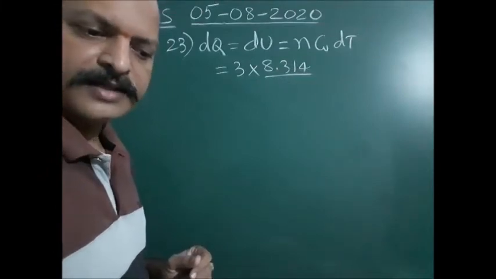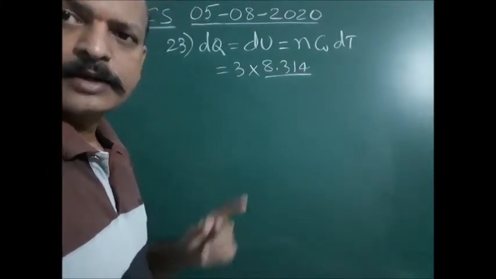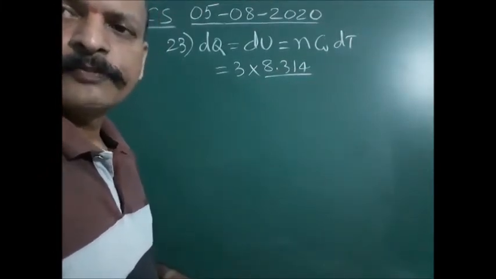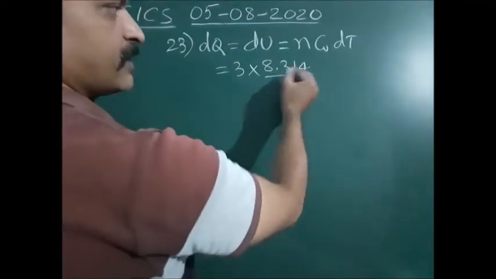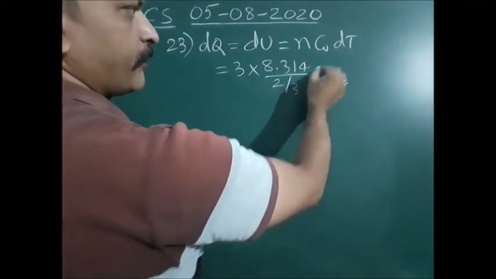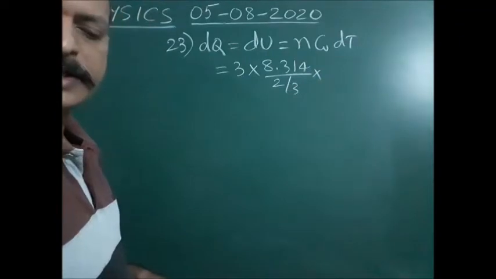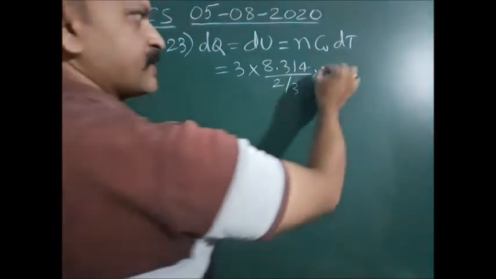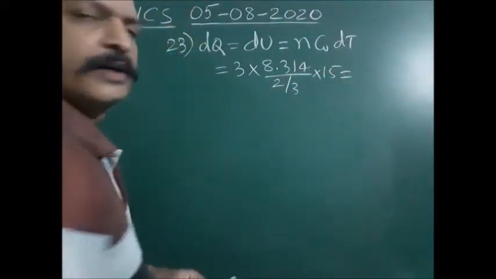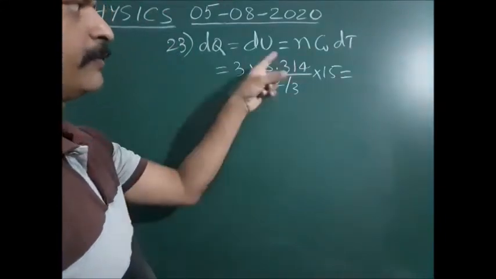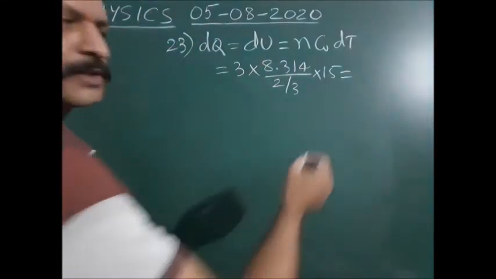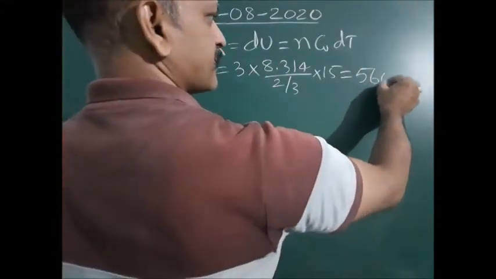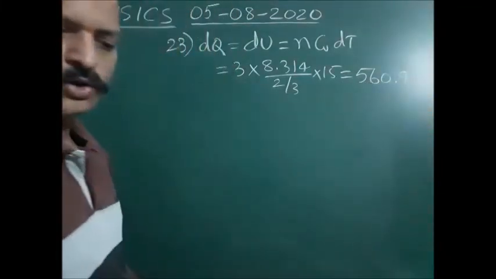Gamma, which gas is it? Helium, a monoatomic gas. Monoatomic gas gamma value is 5 by 3. 5 by 3 minus 1 is 2 by 3, into change in temperature, which is 15 degrees Celsius as given in the question. If you calculate, you will get 560.9 joule.